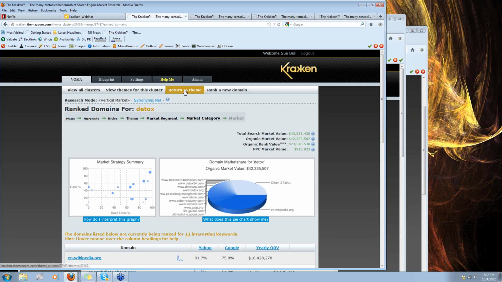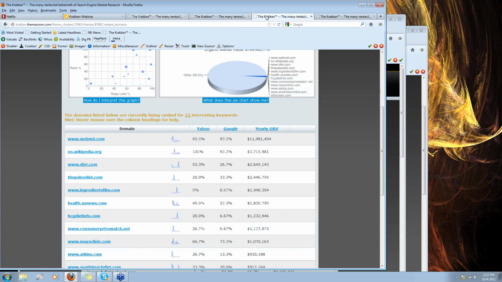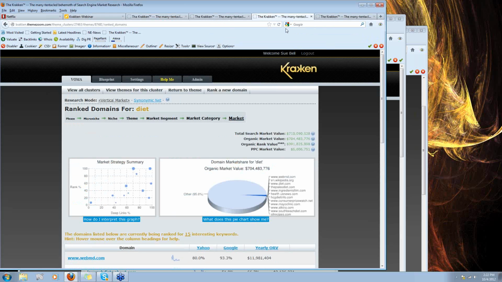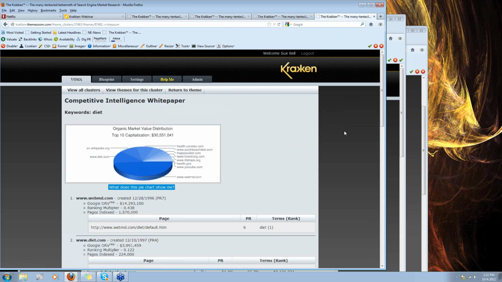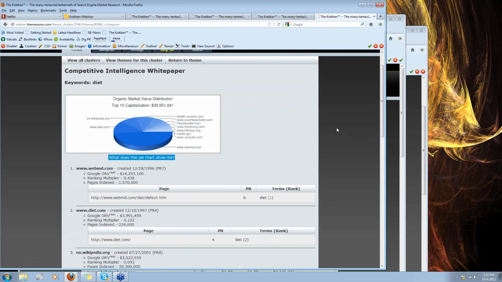Let's go back to this theme from here. And the last thing I want to show you is the competitive analysis screen, which is here. The competitive analysis screen is always looking at your theme from the perspective of your parent theme and theme defining synonyms.